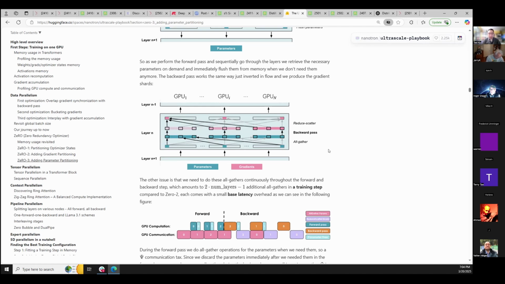Okay. FSDP is, it turns out, like the really easy thing you can do. You can basically have your model code and not modify it, and you can tell PyTorch, turn on FSDP.